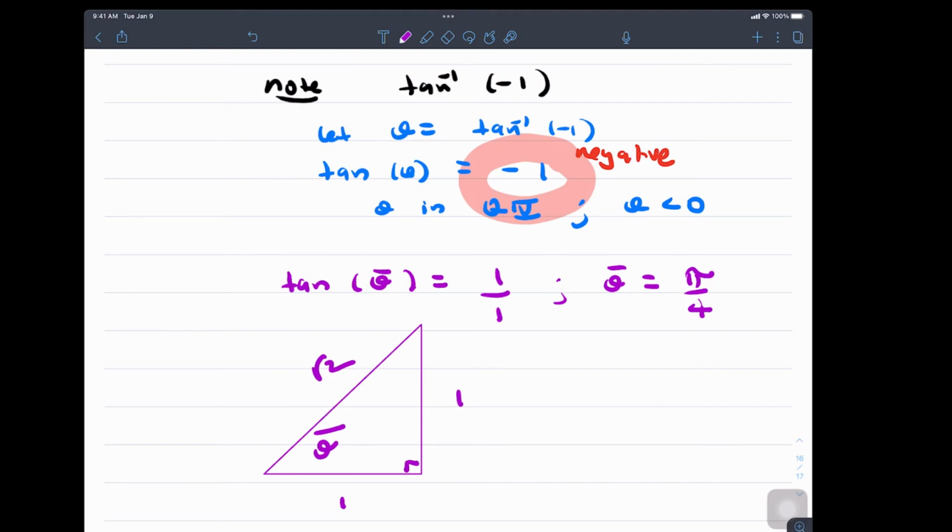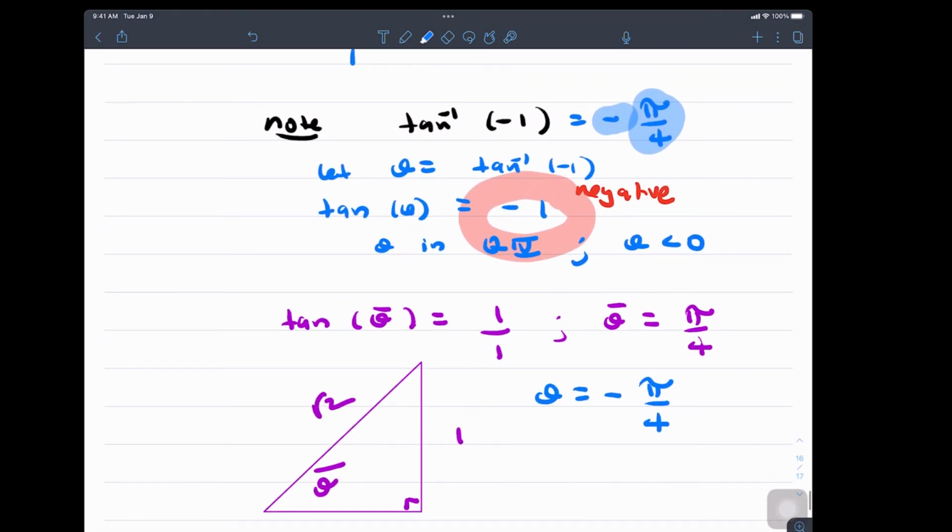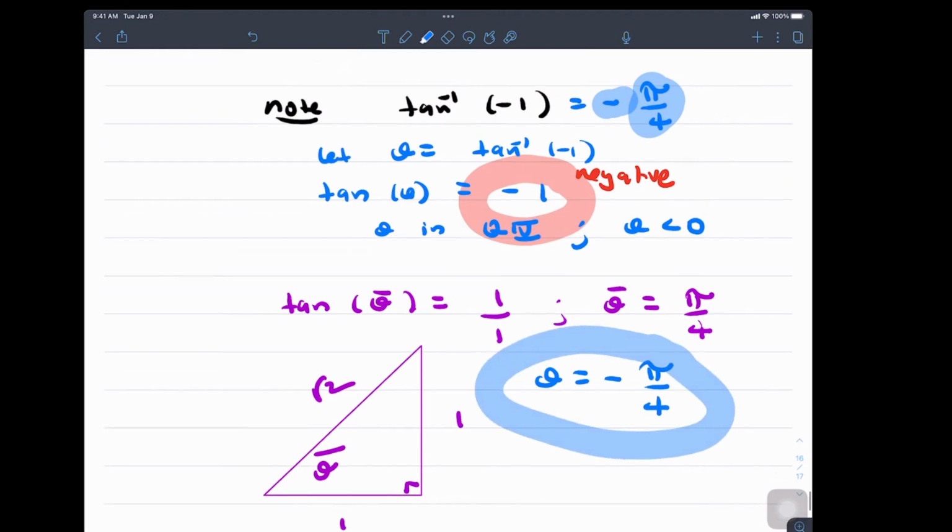Okay, because it's the quadrant 1 angle. So if you know your reference angle is pi over 4, then what does this all really mean? Okay, final answer. What's theta? Negative pi over what? 4. There you go. Okay, you guys okay with that one?